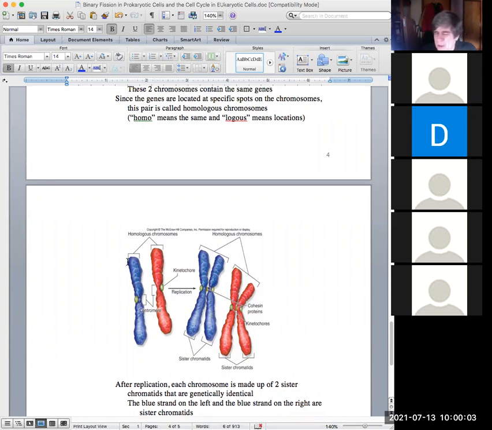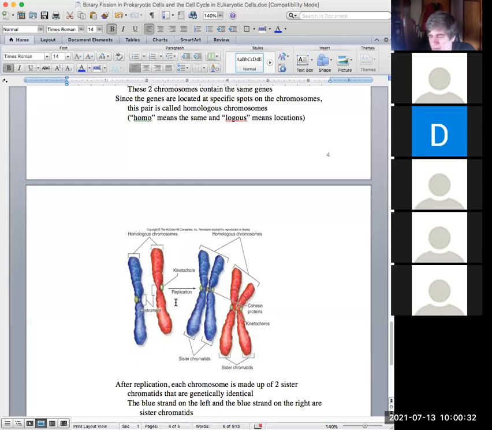If this is chromosome number 1 that you received from your father, and this is chromosome number 1 that you received from your mother, when you make an egg cell or a sperm cell, your egg or sperm only gets one copy of chromosome number 1. You might pass down chromosome number 1 you received from your father, or you might pass down the one from your mother, but you only pass down one.